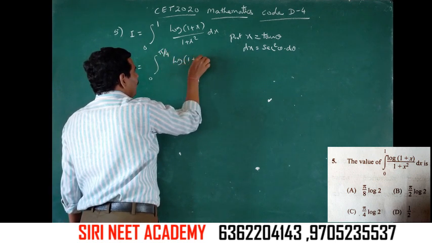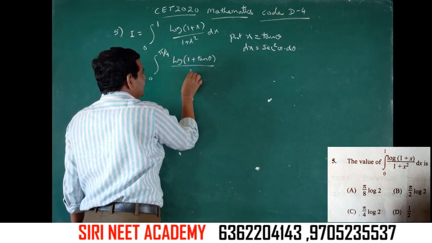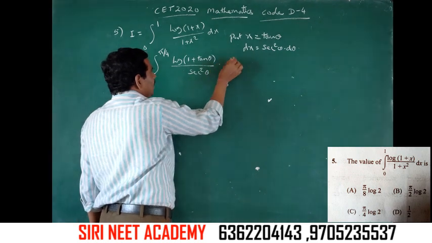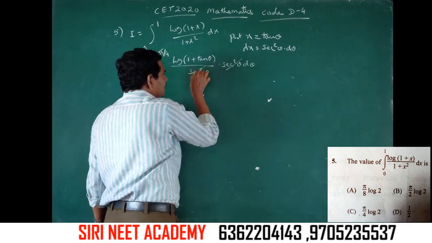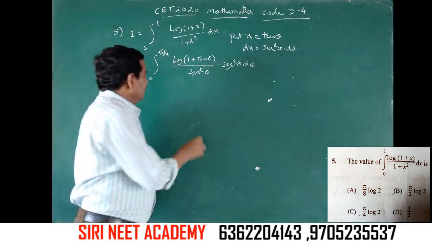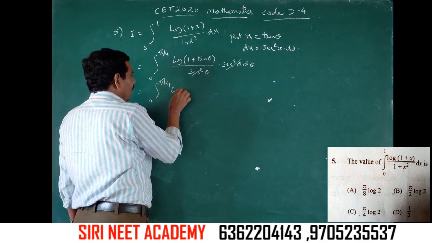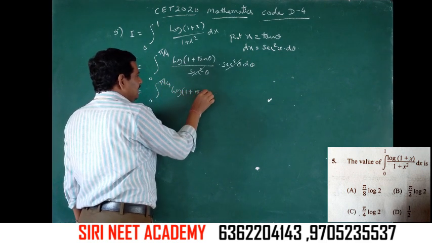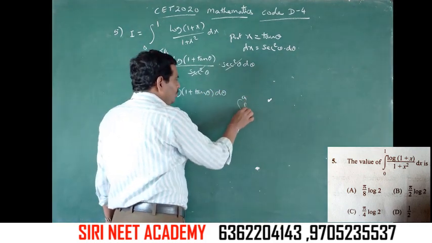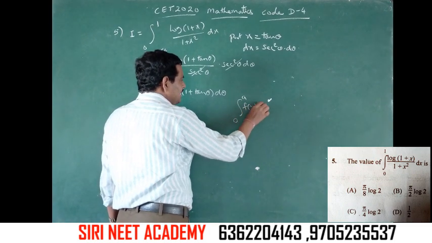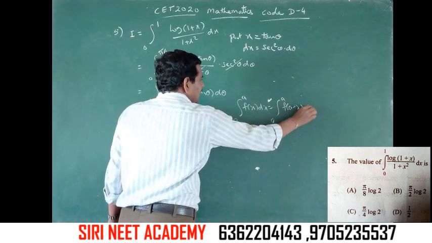Log(1 plus tan theta) divided by 1 plus tan square theta, which is secant square theta. In place of dx, secant square theta d theta, these two get cancelled. That is equal to integral 0 to pi by 4 log(1 plus tan theta) d theta. Now apply the formula: integral 0 to a f of x dx is equal to integral 0 to a f of (a minus x) dx.